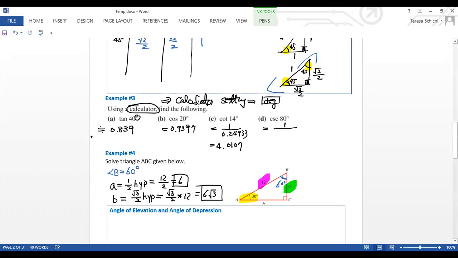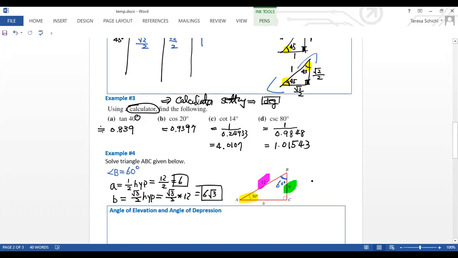So you put sine 80, which gives you about 0.9848, and then you take the reciprocal of it, which gives you 1.01543 something. So make sure you use your calculator. It doesn't matter what type of calculator you have. The purpose of this example is to make sure you know how to change your calculator settings.